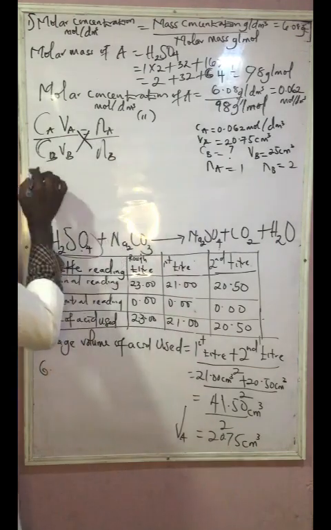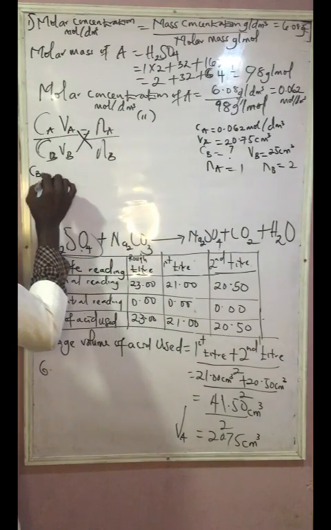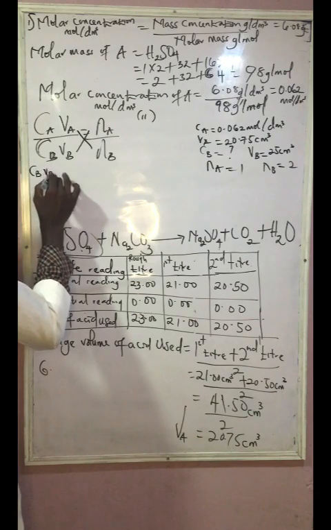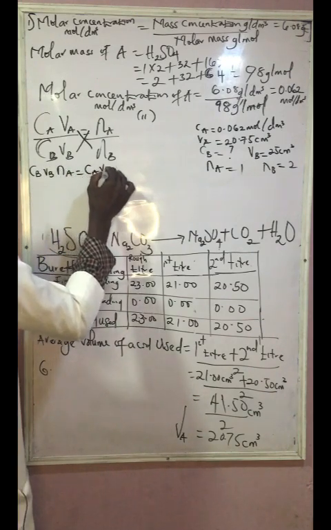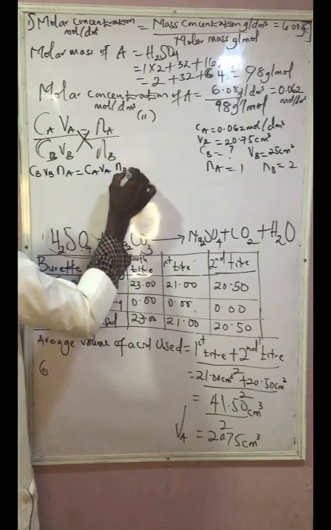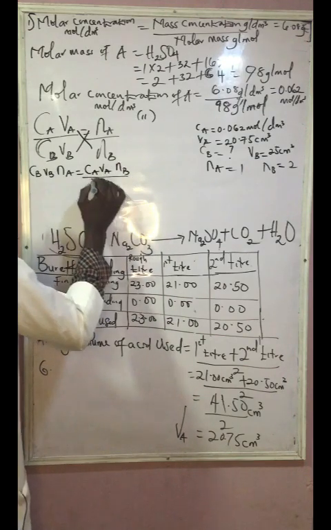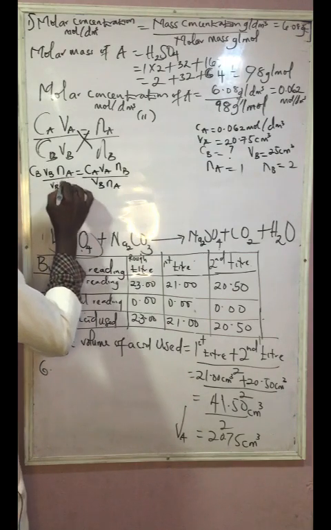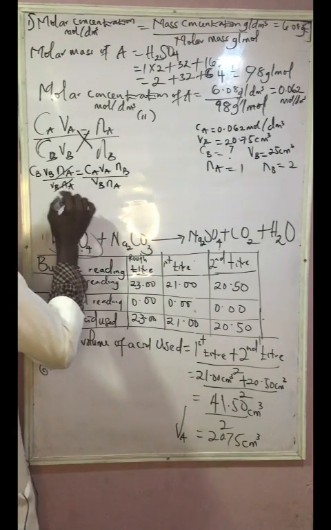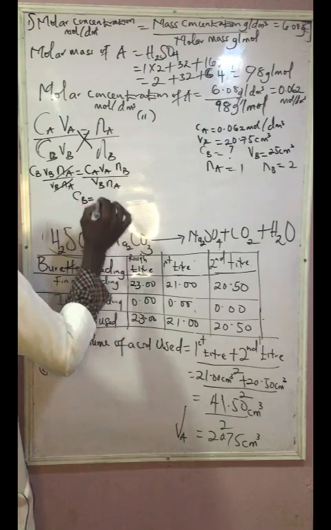Is that clear now? With that, I can set CB VB NA equals CA VA NB. With that, VB NA cancels VB NA. So our CB is this.